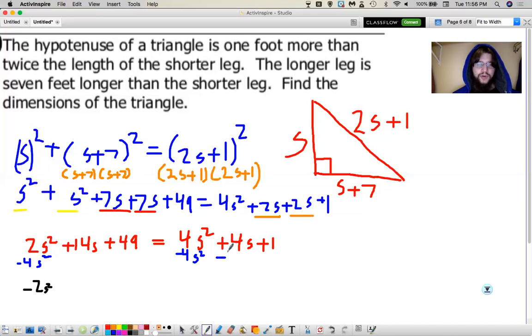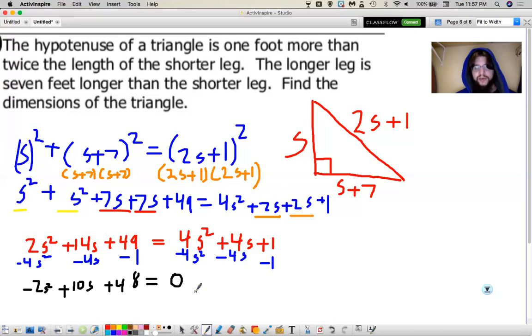I'm going to subtract 4s. If I do that, I get a positive 10s. I'm going to subtract 1. I do that, and I get 48. If I subtract all those, I better get 0.